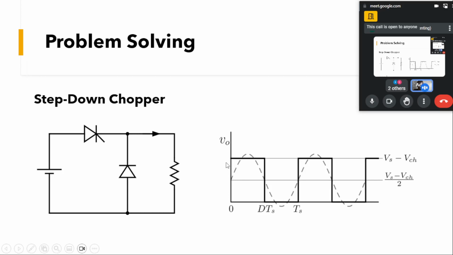If we remove this, then the square wave can oscillate around the 0 line. Here it oscillates around the Vs minus Vch by 2 line.